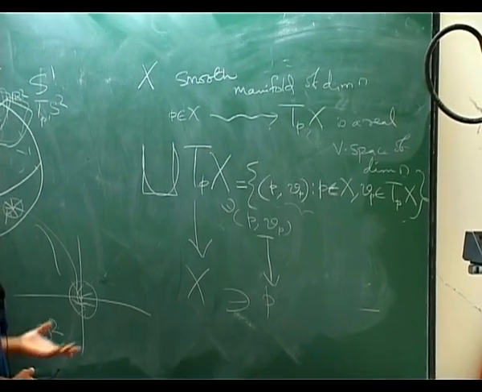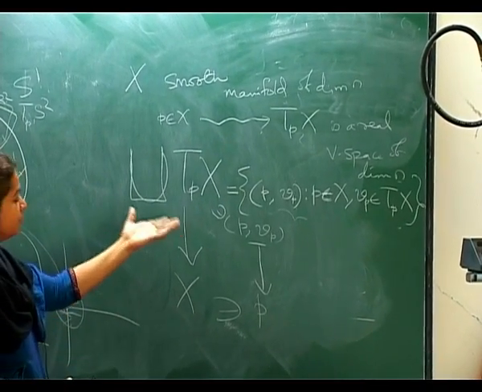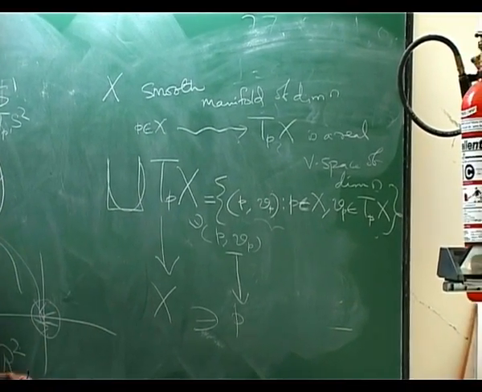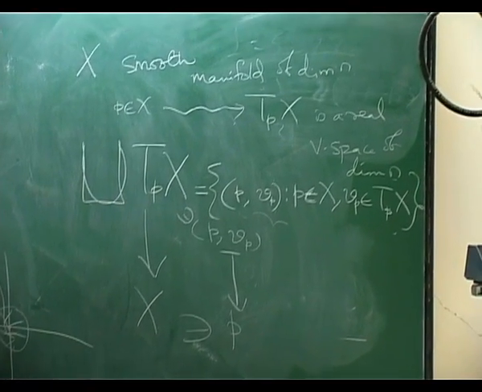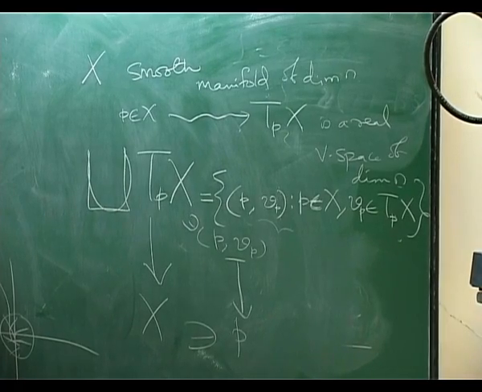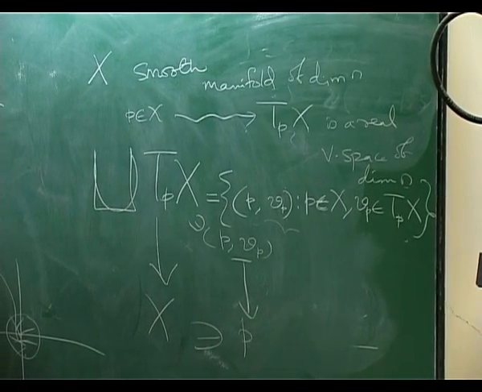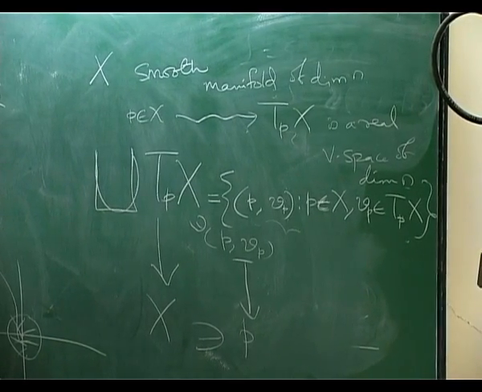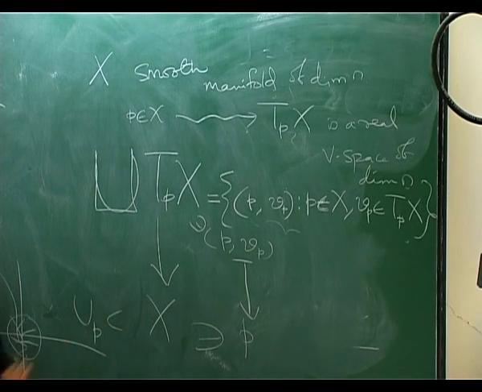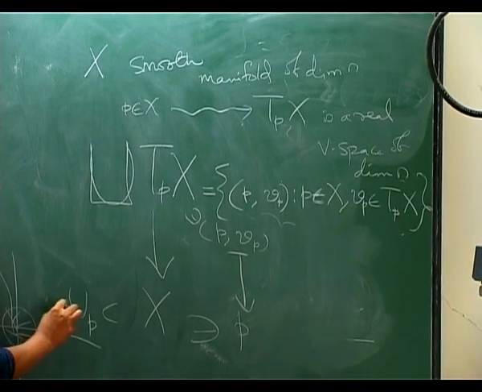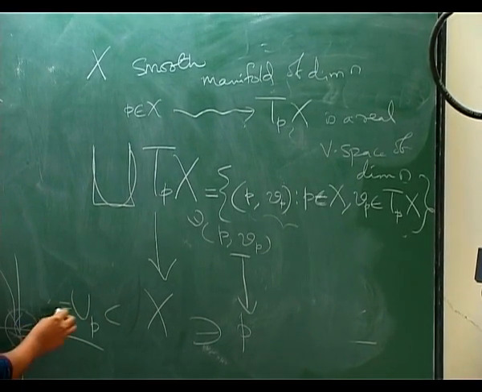Actually it is a theorem that indeed one can put such a structure on TP, because locally a manifold looks like some open subset in Rn. So if I take some open subset UP at some point P, I know that it looks like an open subset in Rn.